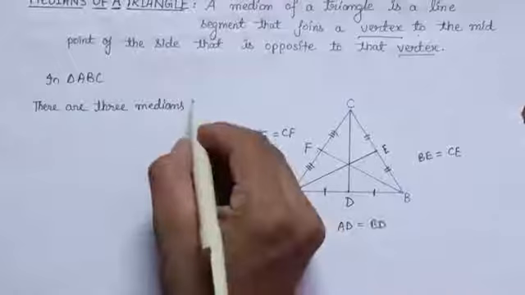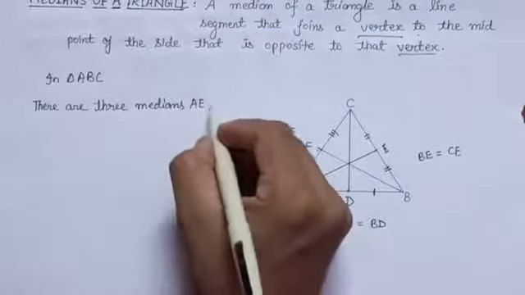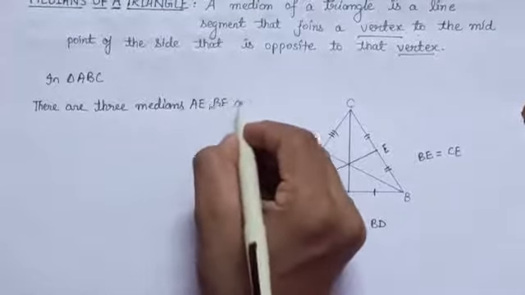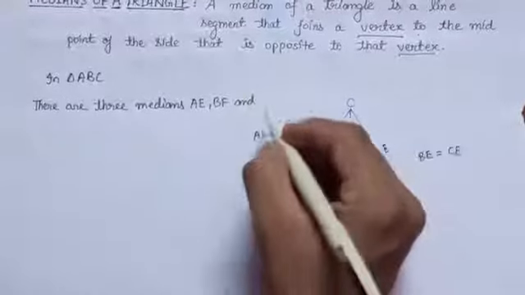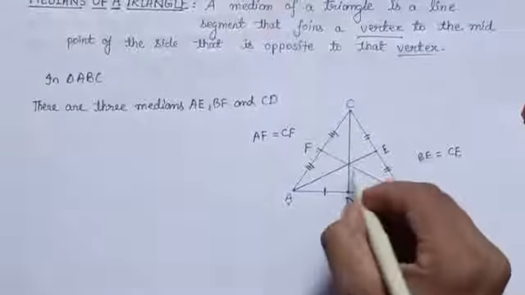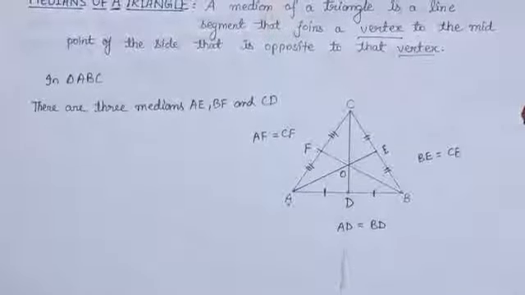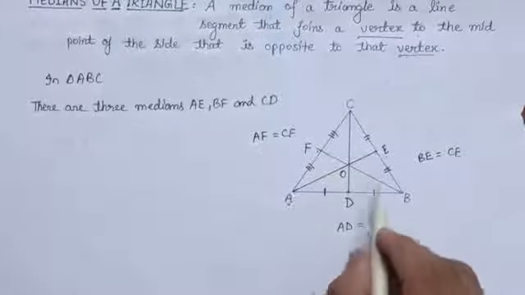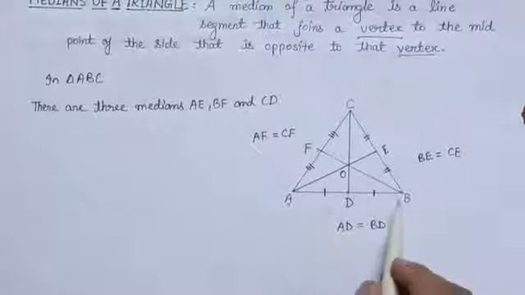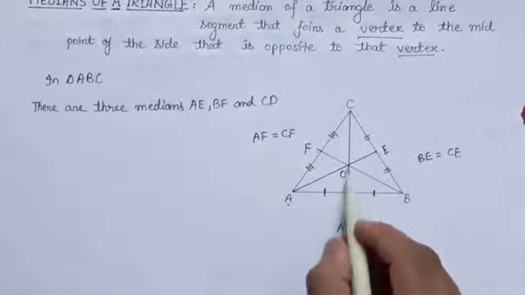Again, if we name this point as O, then you can see that all the three medians AE, BF and CD meet at a single point.